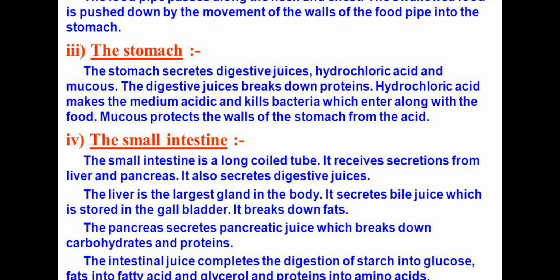The stomach releases digestive juice, hydrochloric acid and mucus. The hydrochloric acid in the stomach makes the food acidic and kills the bacteria which enter along with the food.